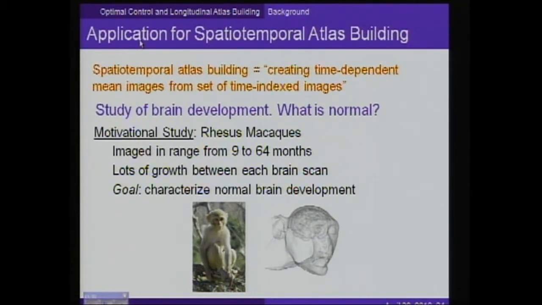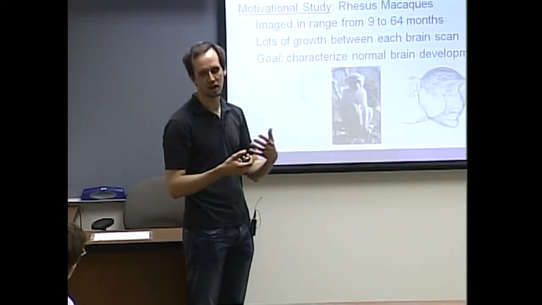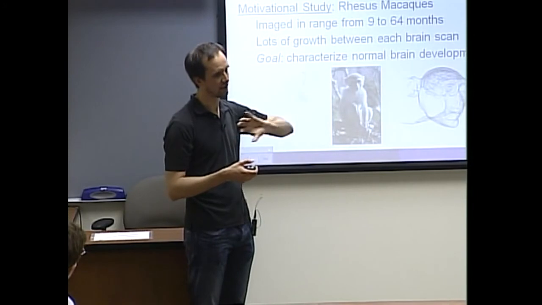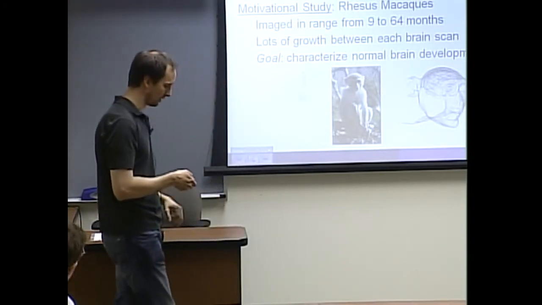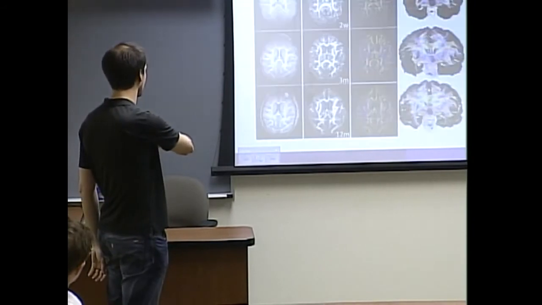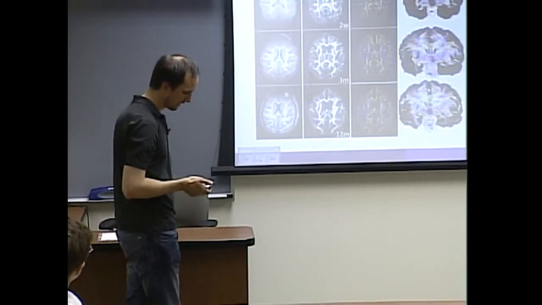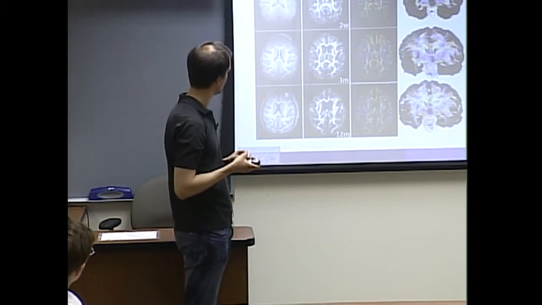And what we are after initially is to get an idea of what normal brain development would look like. And because you can't necessarily trust one subject, you want to do this for a whole collection of them, and come up with averages, what the average change looks like over time. And this is a pretty challenging problem, and it's a pretty challenging problem for multiple reasons.